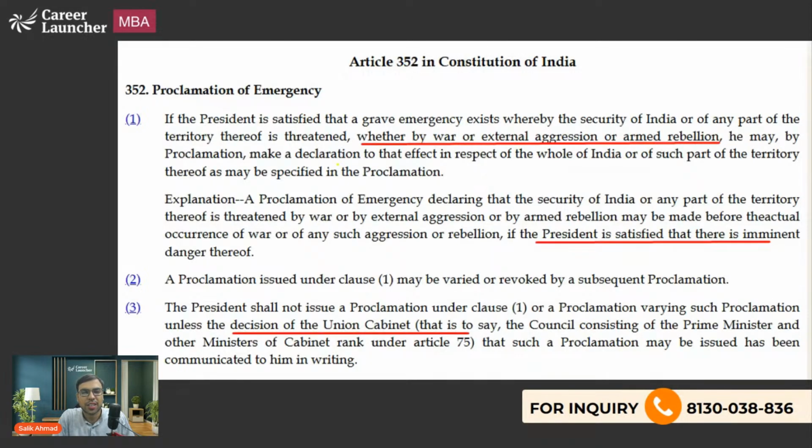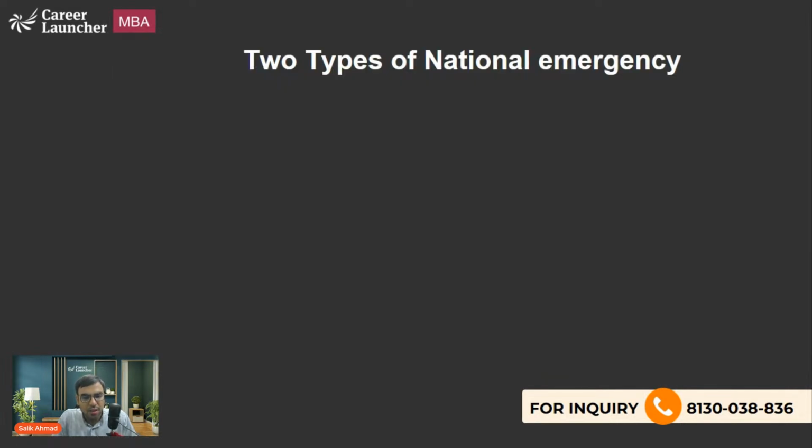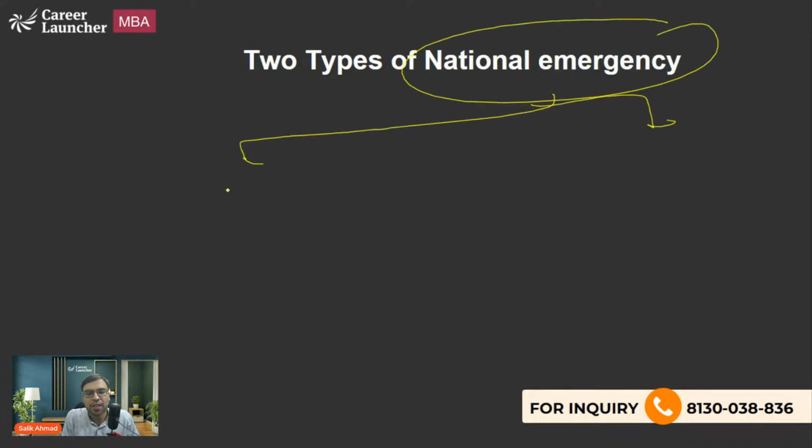Yes, you can see it here. Article 352, proclamation of emergency. There are two types of national emergencies. One is called external emergency, which is imposed due to war or external aggression, and the other is internal emergency, imposed due to armed rebellion. So the national emergency is imposed because of two reasons.